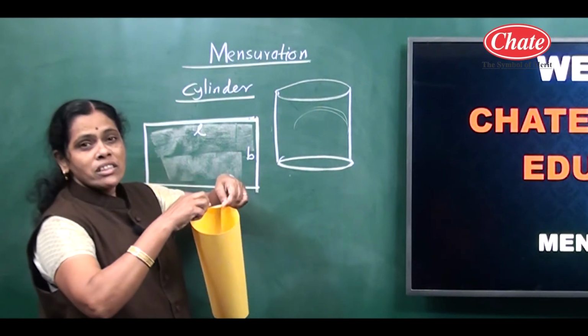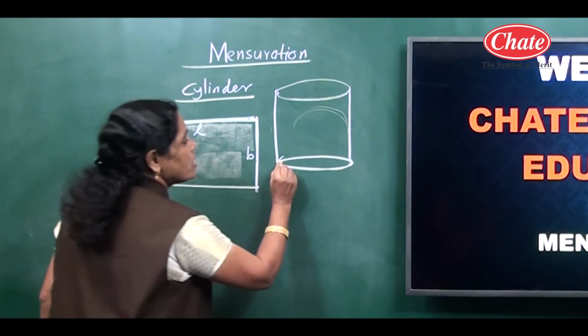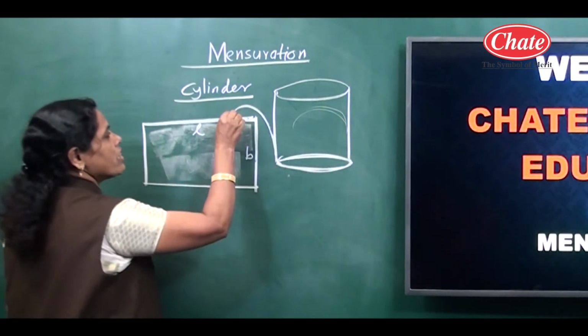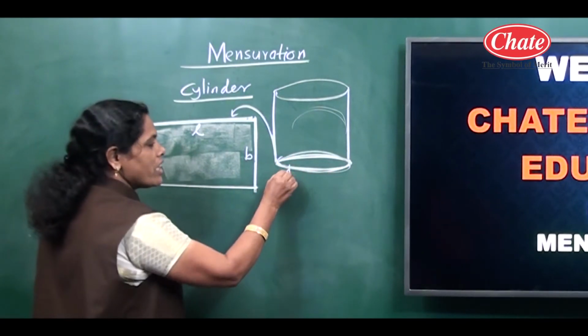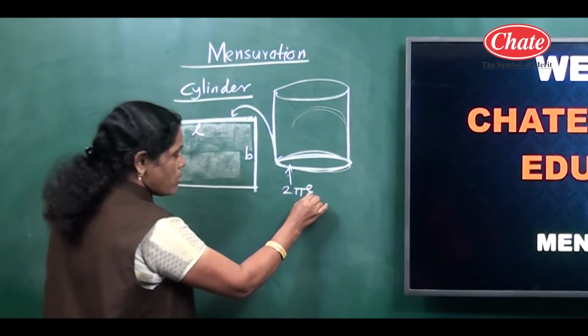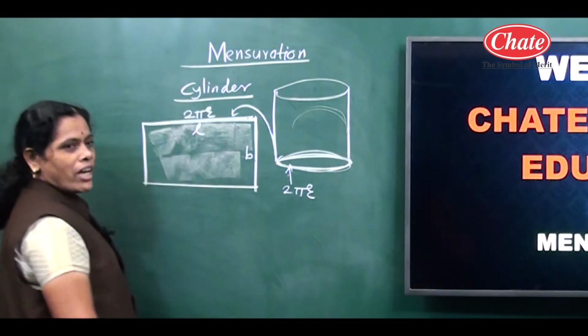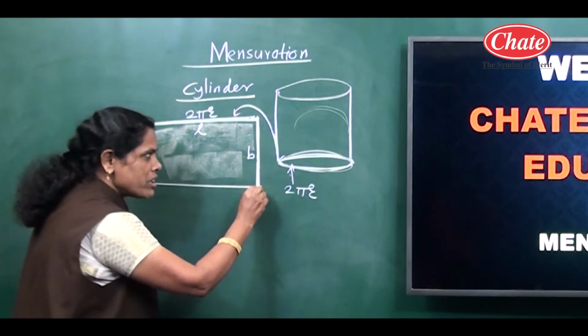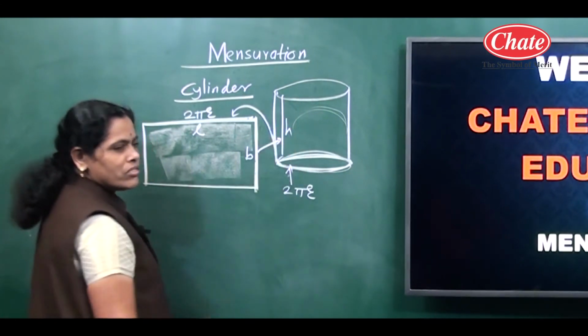This length means the circumference of the circle. This circumference comes here, and you know the circumference of a circle is 2 pi r. Means the length of this rectangle becomes 2 pi r. This is the breadth, but breadth is nothing but the height.